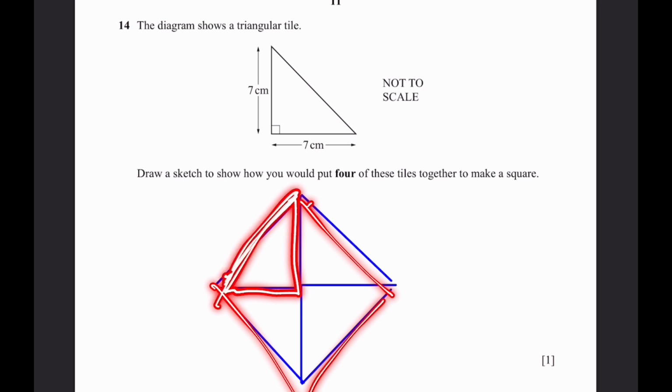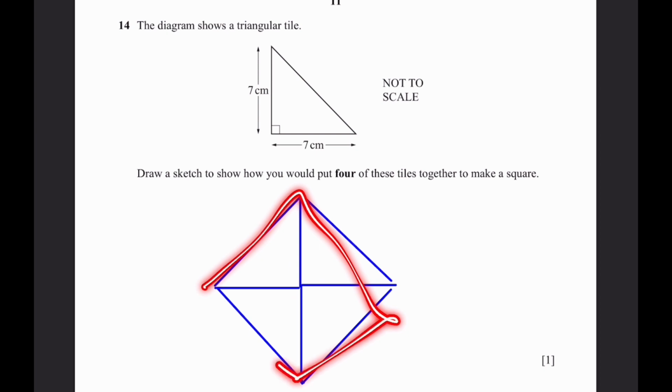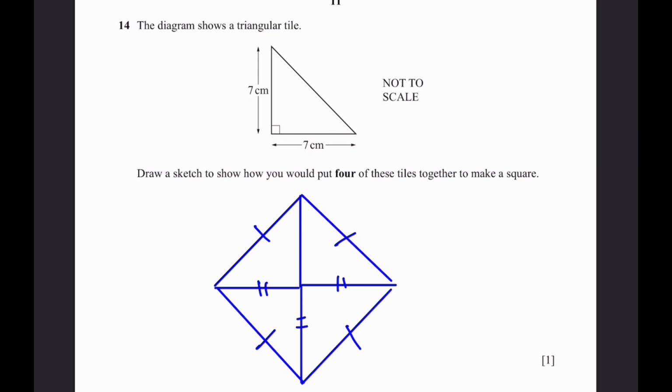And all of that is equal, therefore the side lengths are all equal, and this is a square. And now all you have to do is label it. We can label it as these 4 are equal, and these 4 are also equal. And then this is 7 centimeters. And also, label the right angles over here. That's the answer.